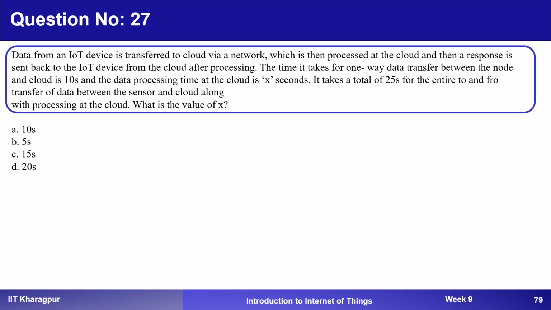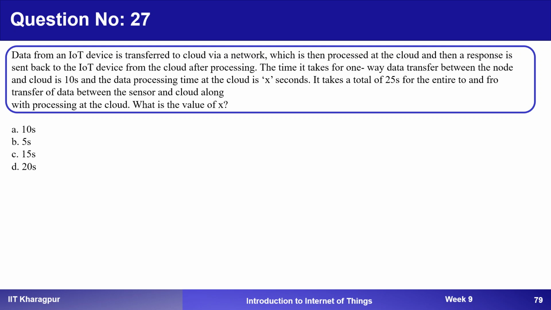Next question is, data from an IoT device is transferred to cloud by a network, which is then processed at the cloud, and then a response is sent back to the IoT device from the cloud after processing. The time it takes for one way data transfer between the node and the cloud is 10 seconds, and data processing time at the cloud is x seconds.